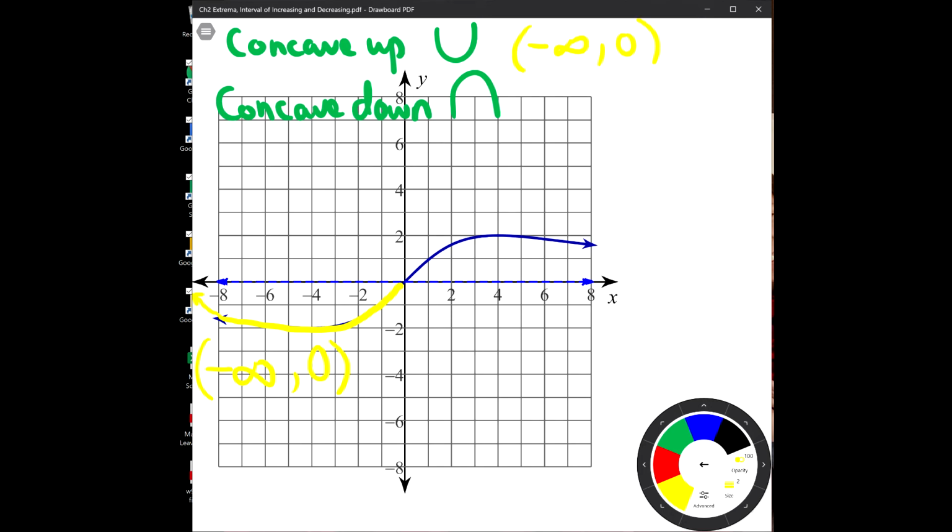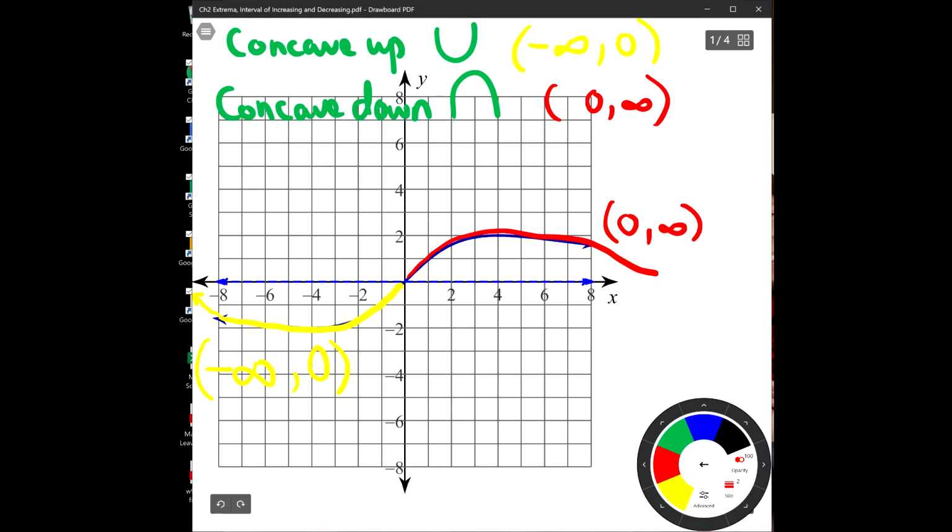And then for concave down, you see that this part right here is concave down. And this interval will be 0 to positive infinity. So concave down is 0 to positive infinity.